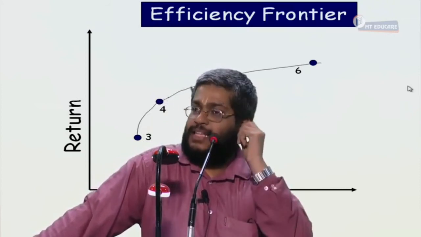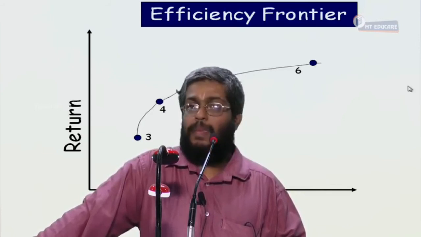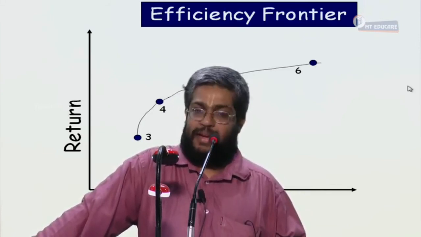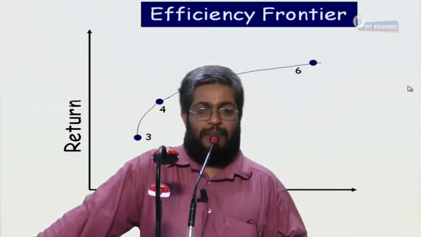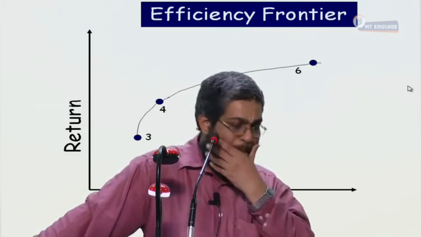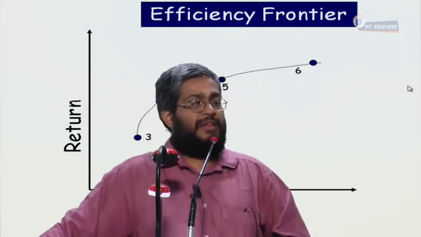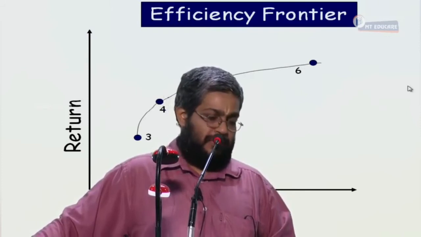Point number 2. Investors can be classified into three types. Branch it into three. First branch, risk lovers. Second branch, risk neutral.